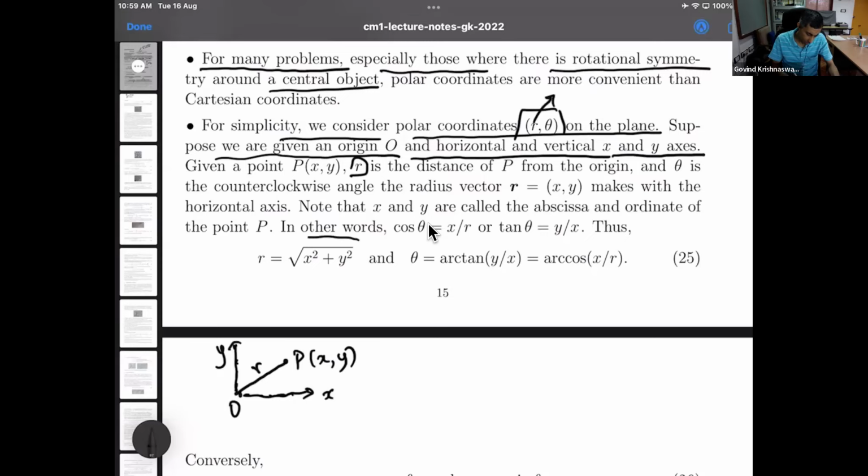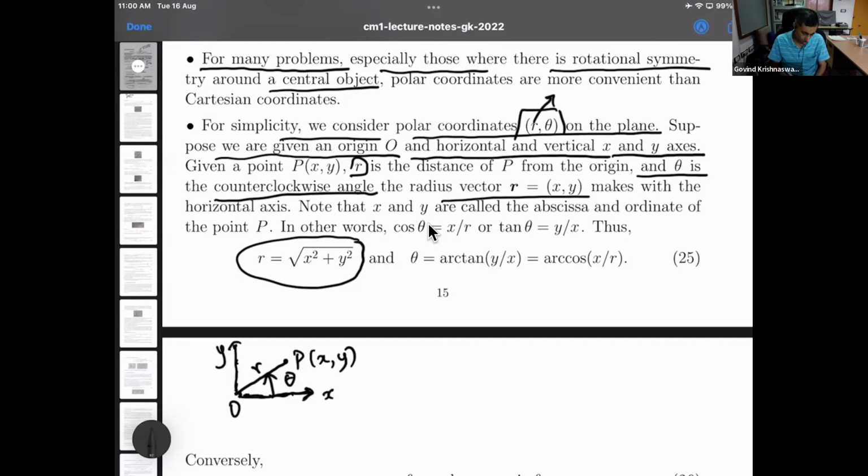Of course, r is equal to the square root of x squared plus y squared. You will agree. Furthermore, the angle theta is the counterclockwise angle that the radius vector r equal to (x, y) makes with the horizontal x-axis. So this is our agreement to measure the angle theta counterclockwise from the horizontal axis.